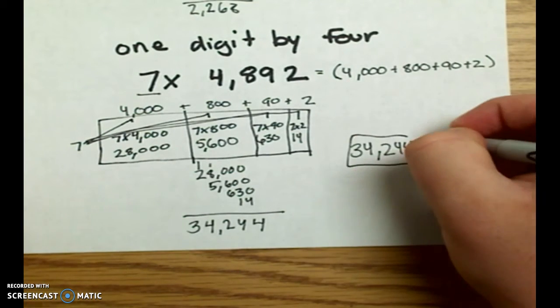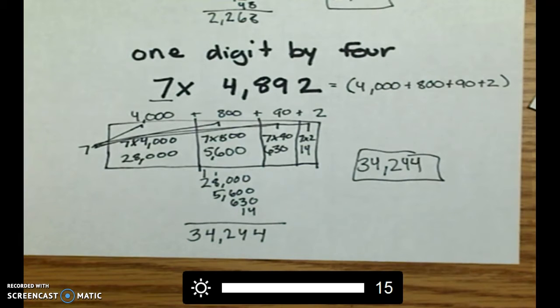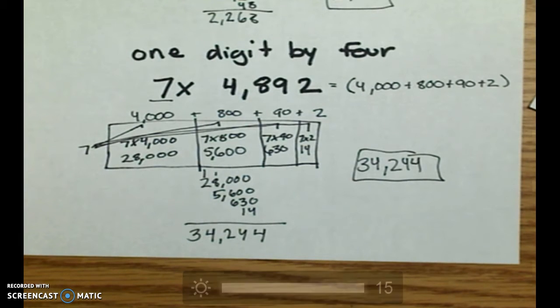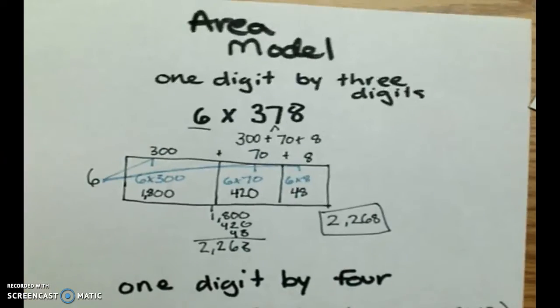That's how you use the area model to do 1-digit by either 4-digit or 3-digit.